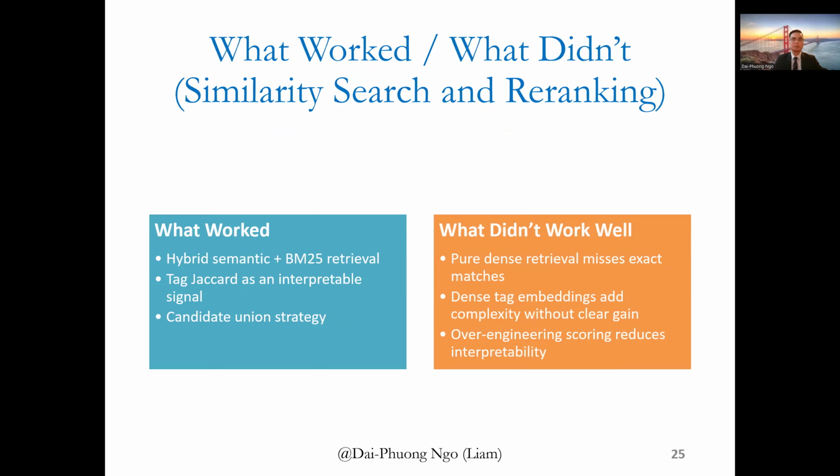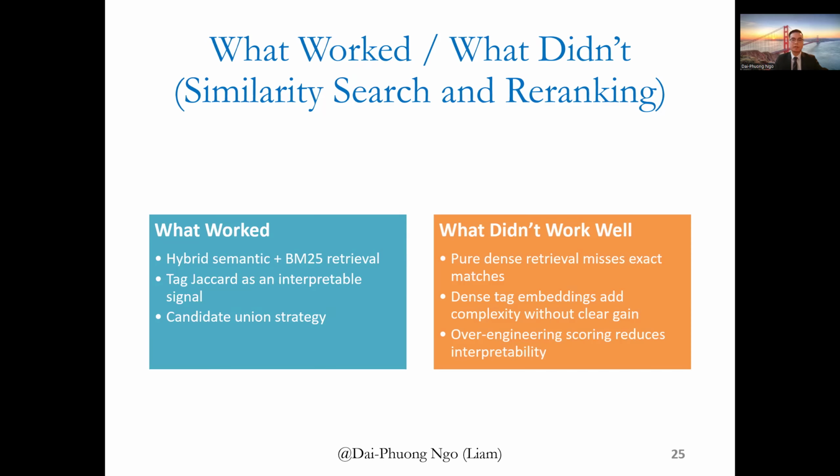What worked well in retrieval was the hybrid design. Combining semantic, lexical, and tag-based signals consistently produced better results than any single signal alone. Tag overlap, in particular, proved to be a simple but powerful way to enforce intent consistency.